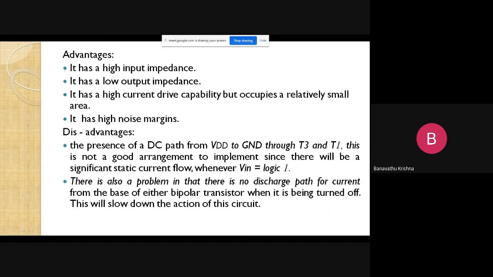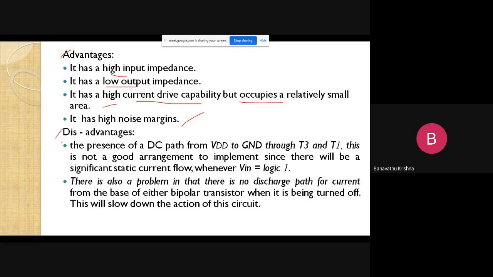Before going to that, let us look at the advantages and disadvantages. The advantages are high input impedance, low output impedance, and high current driving capability at the output side. It also occupies relatively small area and has high noise margin. These are the advantages of the BiCMOS inverter.